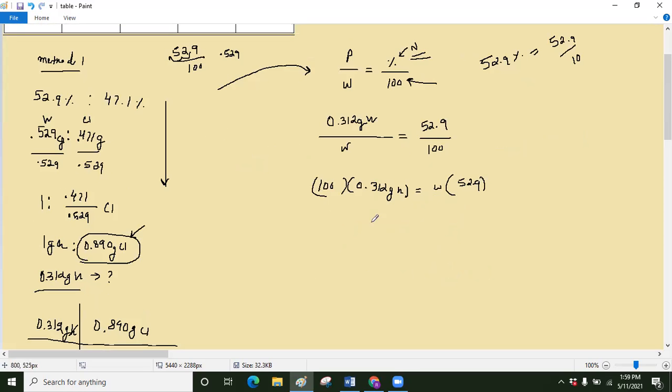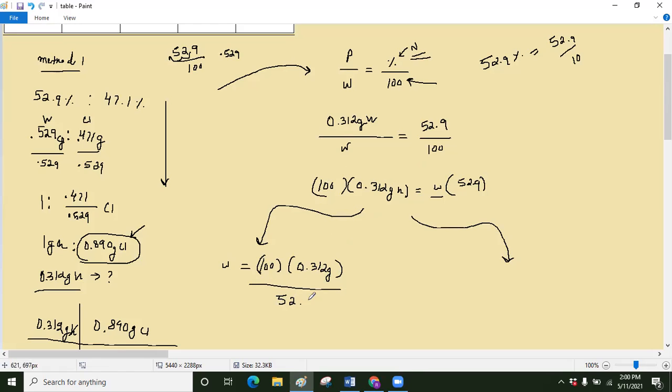And of course, you'd solve for W in this case. Now there are different routes depending on how you want to approach it. You could say that, okay, W is equal to 100 multiplied by 0.312 grams over 52.9, right? That would get you the answer.